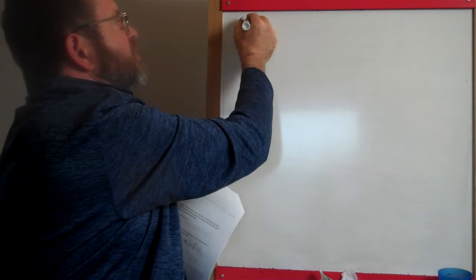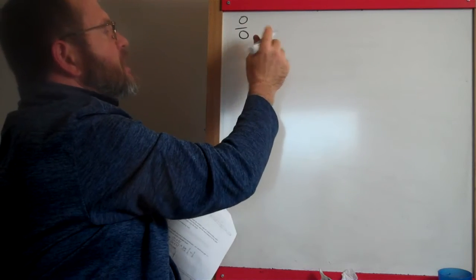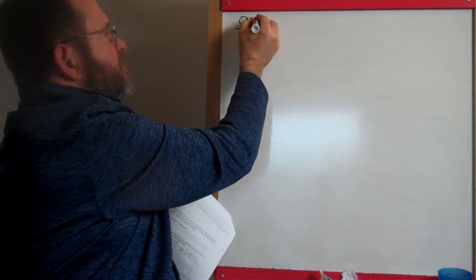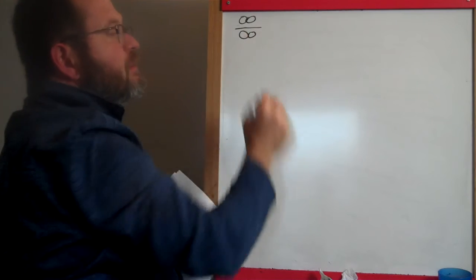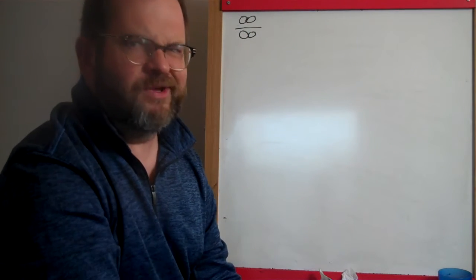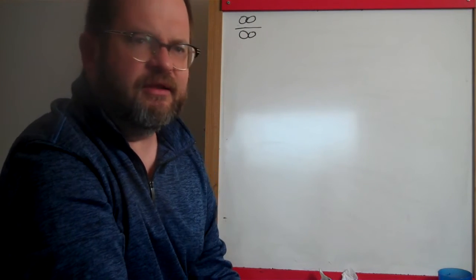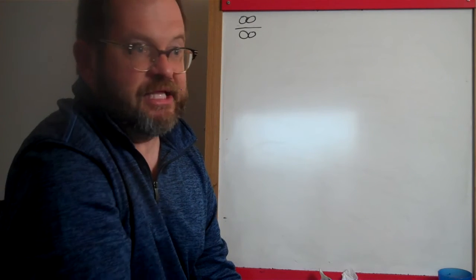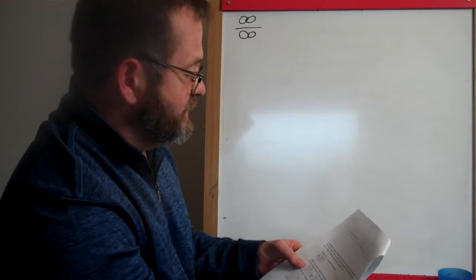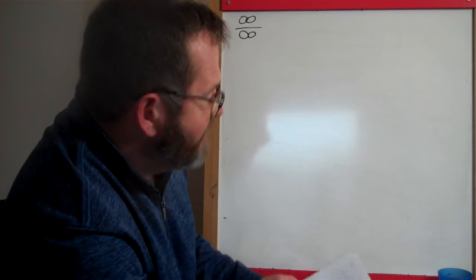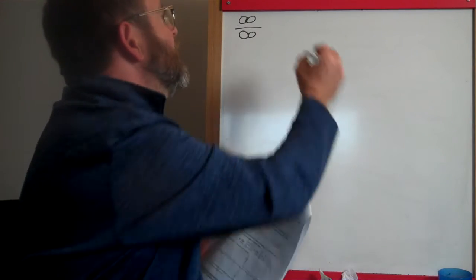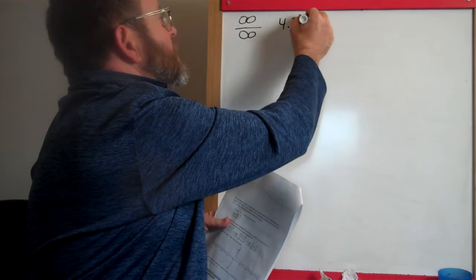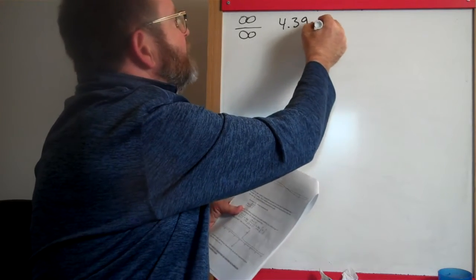Okay, remember we had the indeterminate form 0 over 0? But another type of indeterminate form you could have is infinity over infinity. I mean, what does infinity divided by infinity mean? That's hard to know, and in fact can mean different things in different situations. But we have plenty of ways that we can apply L'Hopital's rule on infinity divided by infinity problems.